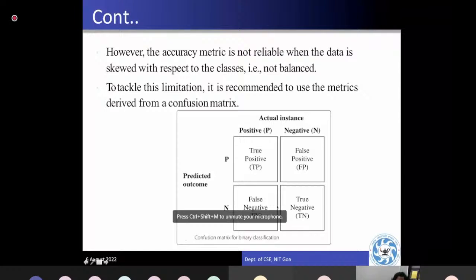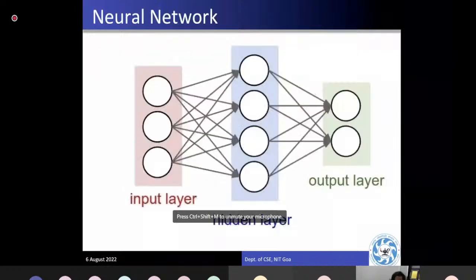All these are the different parameters we calculate to analyze your model. Now we are moving towards more detail about deep learning. Before that, let's discuss what a neural network is and what the difference is in deep learning. Neural network is a very old technique. We know the input, these are the neurons.